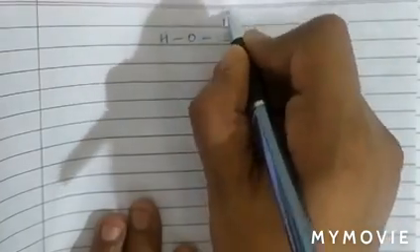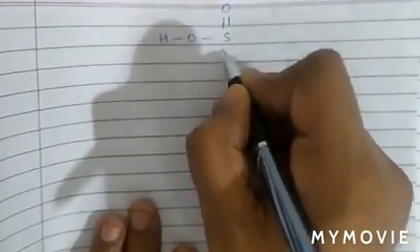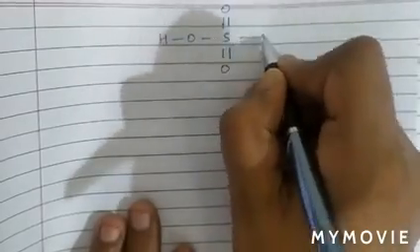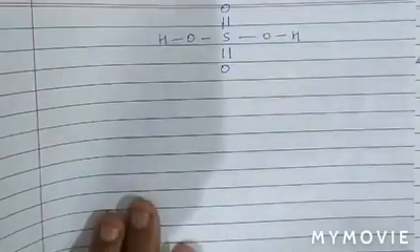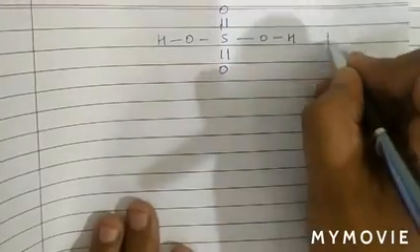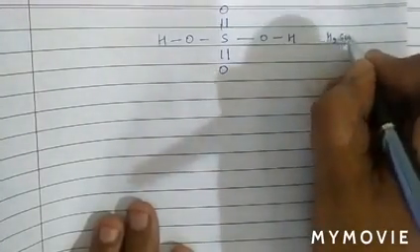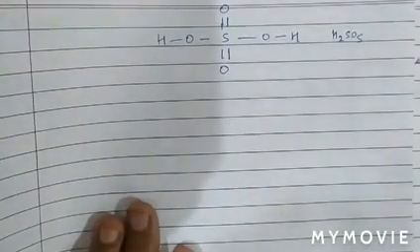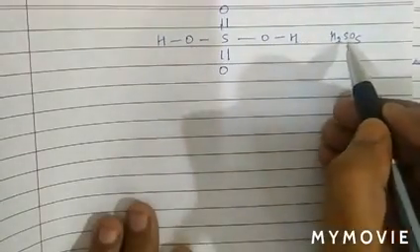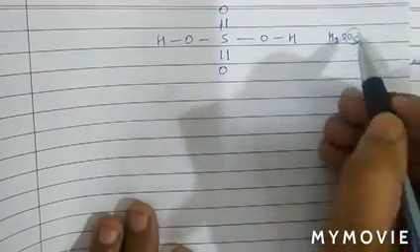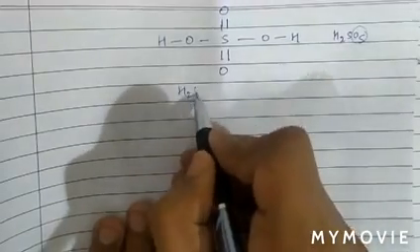As we know, the structure of H2SO4 is like this one. So this is the actual structure of H2SO4. We have to find the oxidation number in H2SO5. As we can see, there is one extra oxygen atom. This is the structure of H2SO4.